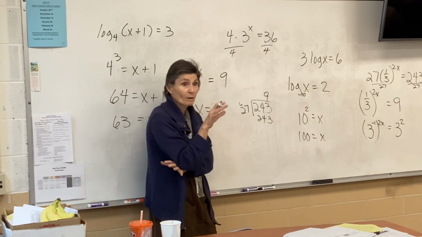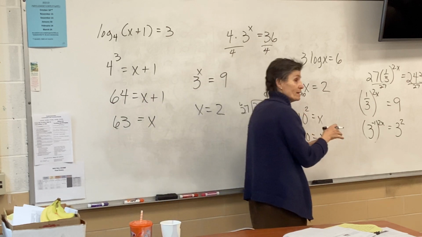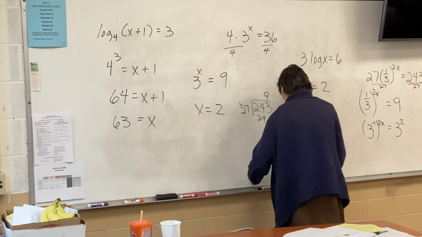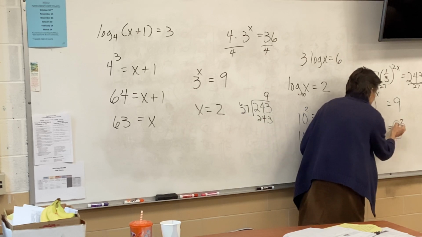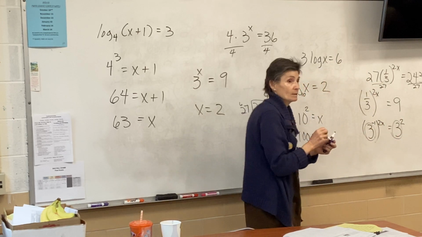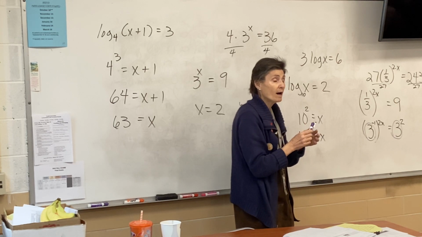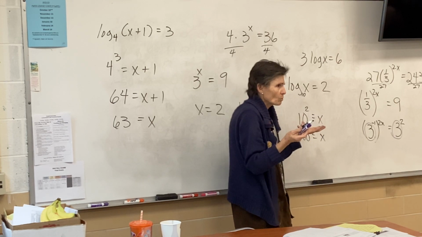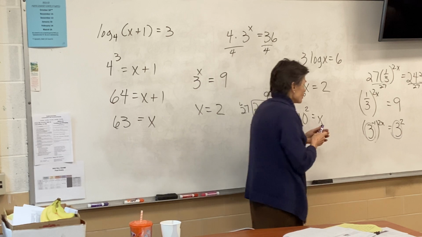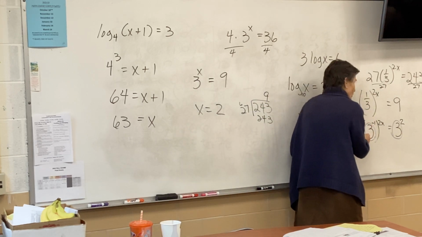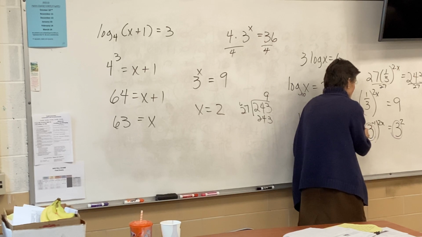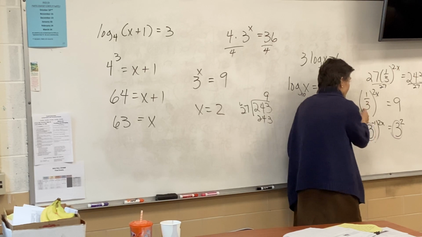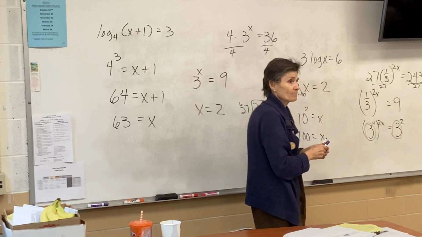Okay, now pay attention. What am I trying to do? What was the point of this? I needed to make these two numbers the same. So when I saw 9, I immediately thought 3 squared. So then I knew I had to make this into a 3. Well, it's a 1/3, so that's an easy switch. Give it a negative exponent, and then it becomes 1/3, right?